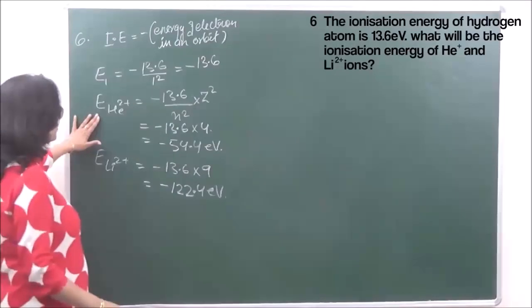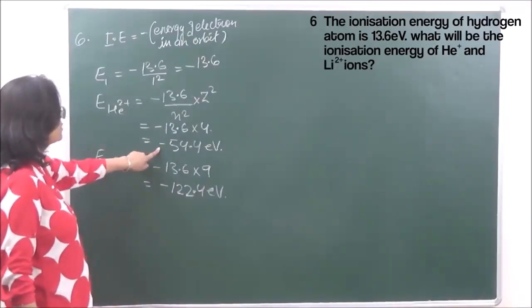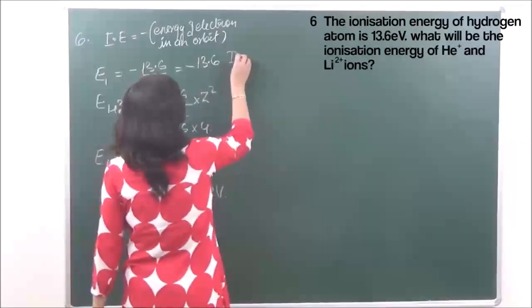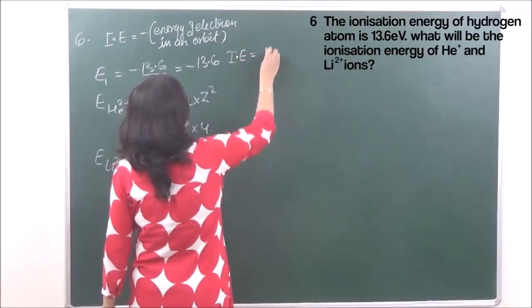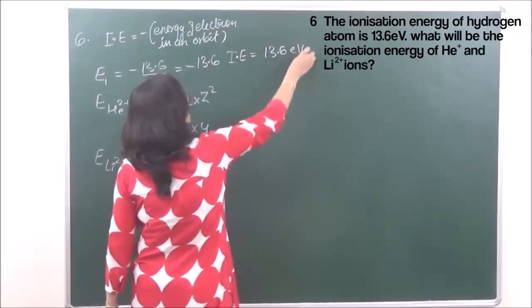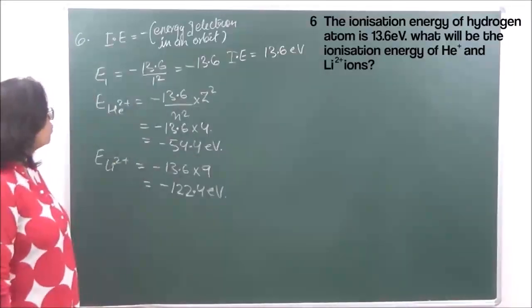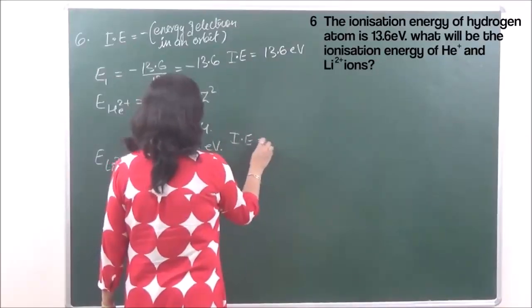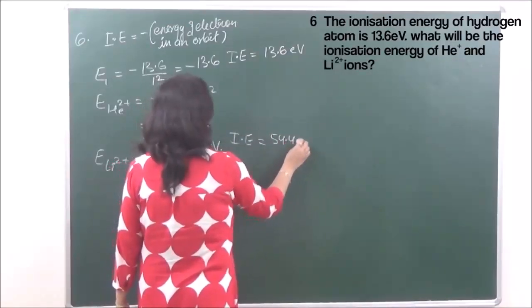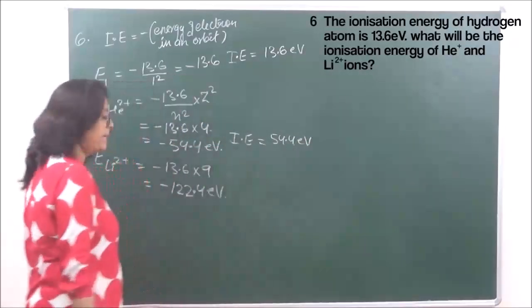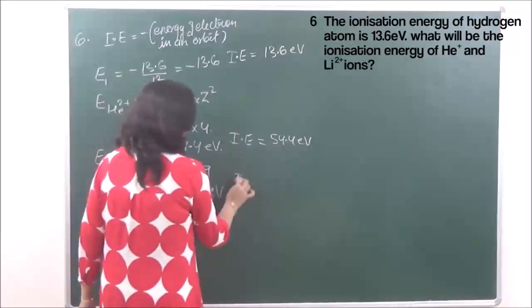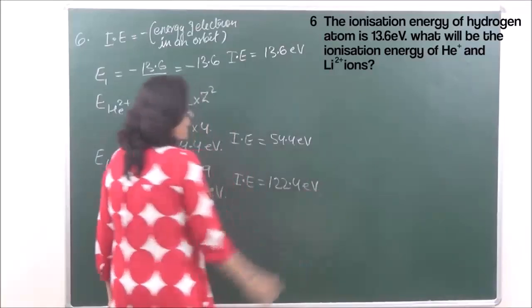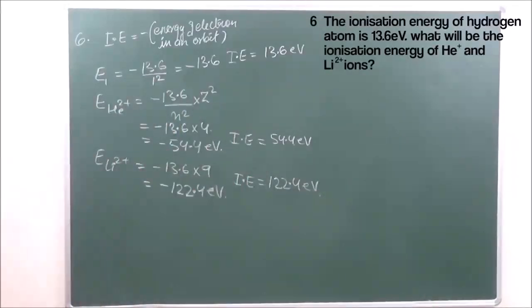Then what are going to be the ionization energies now? When we talk of ionization energy, it will have the same value, but it is going to be positive. So the ionization energy for hydrogen is equal to 13.6 electron volt. Similarly, for helium it is 54.4 electron volt, and for lithium it is going to be 122.4 electron volt.